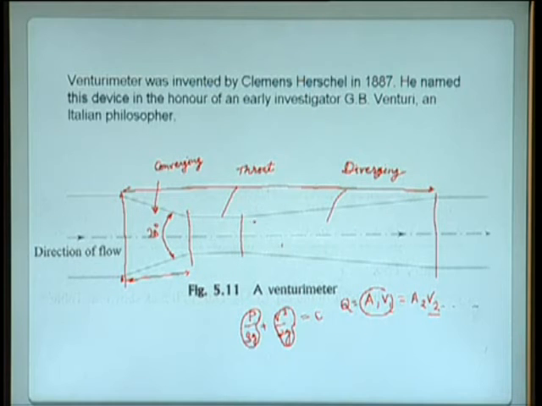But in the case of the diverging portion, we see that the length is very large. It means that the angle must be less. So, this angle of the divergence is generally kept 6 to 8 degree. When it is kept 6 to 8 degree, then naturally the length becomes more to achieve the same diameter.